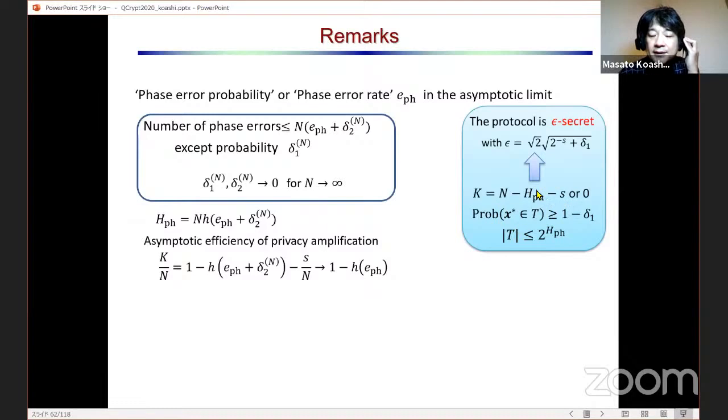Then if you find this number here, you can convert it to the epsilon secrecy of the protocol. So the square root formula can always be used. The complication in analyzing the decoy state finite size is that you convert the estimation problem in the decoy state case to be formulated in terms of the number of phasor patterns like this.